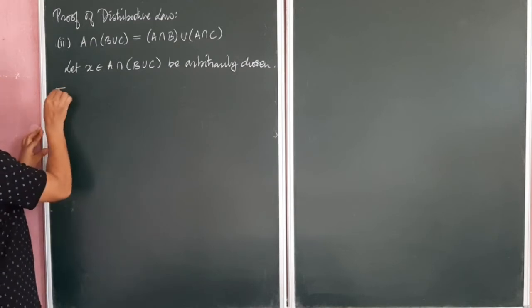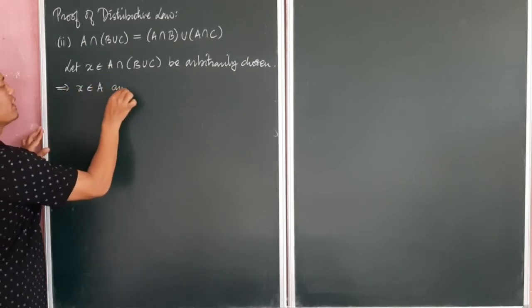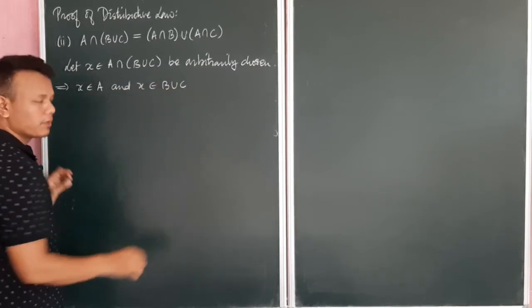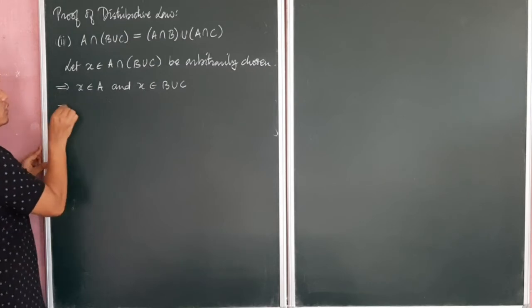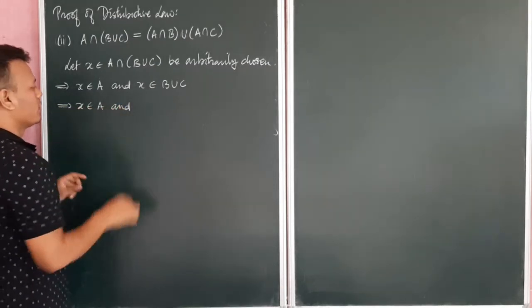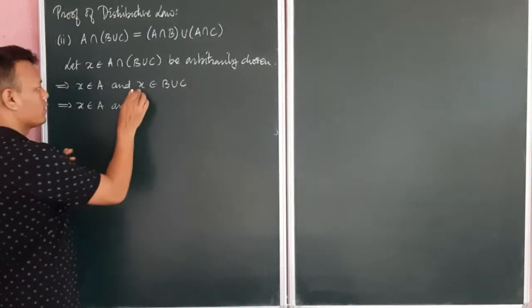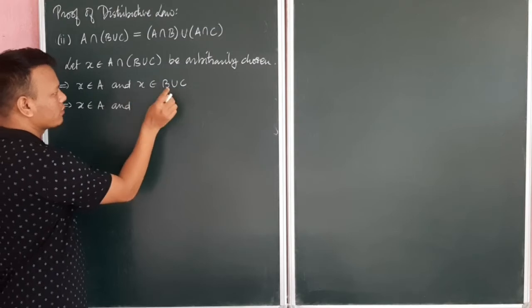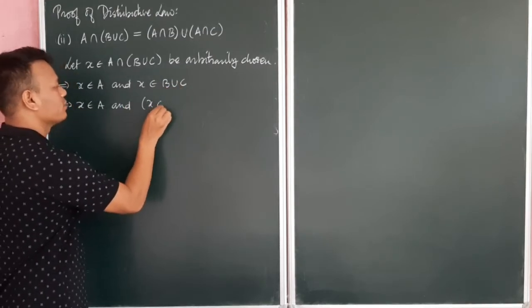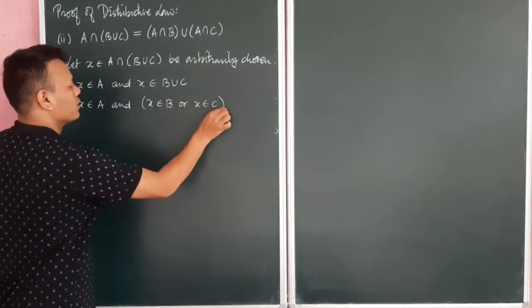So this means that x belongs to A and x belongs to B union C. Now x belongs to A, and now this x must either come from B or C. So x belongs to B or x belongs to C.